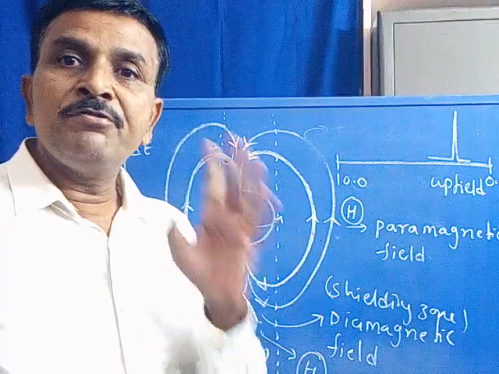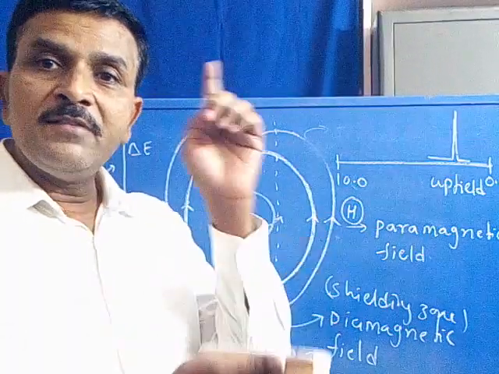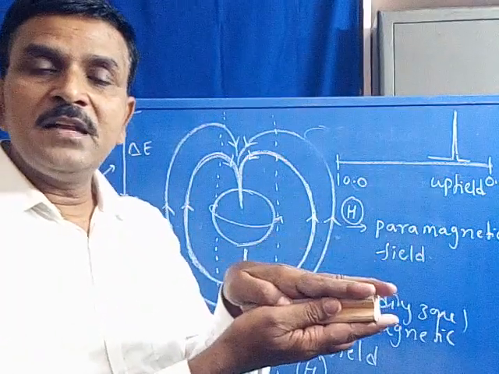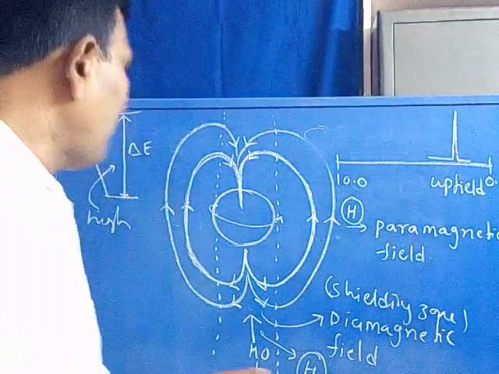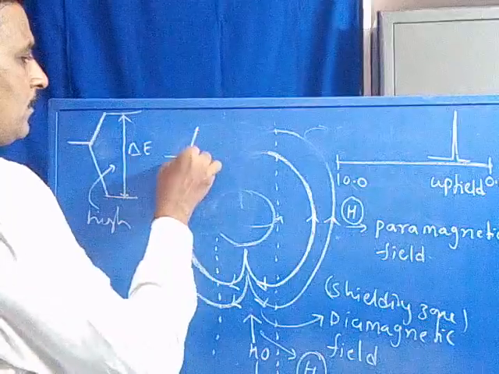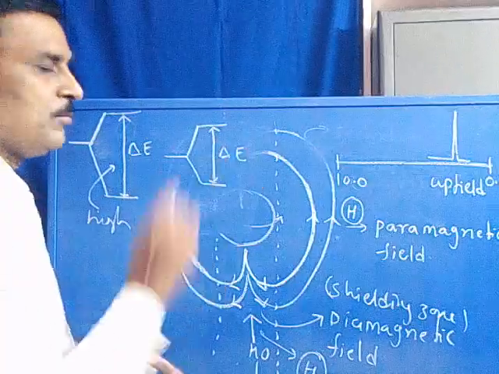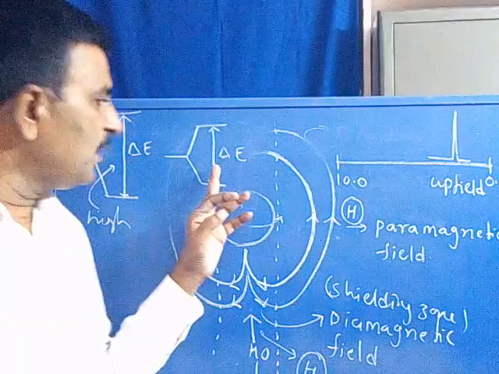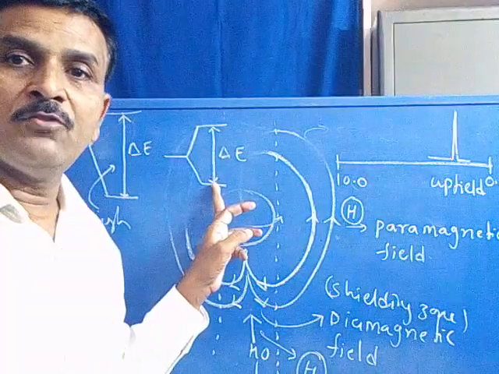Their degenerate energy state is split into energy levels by a smaller difference, like this. You can see in the first case the difference is large. In the next one, the energy difference between the two energy levels of a spinning nucleus is smaller.